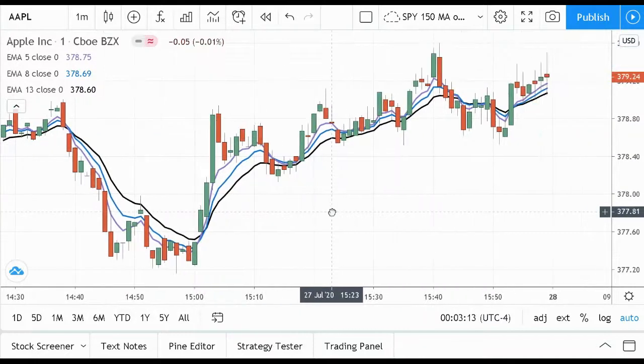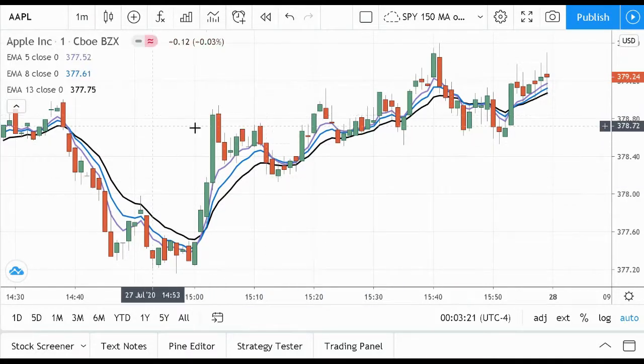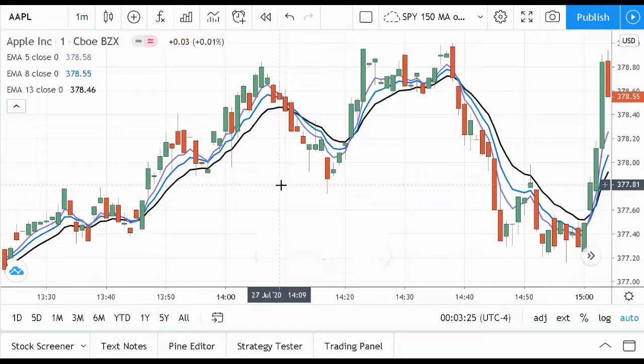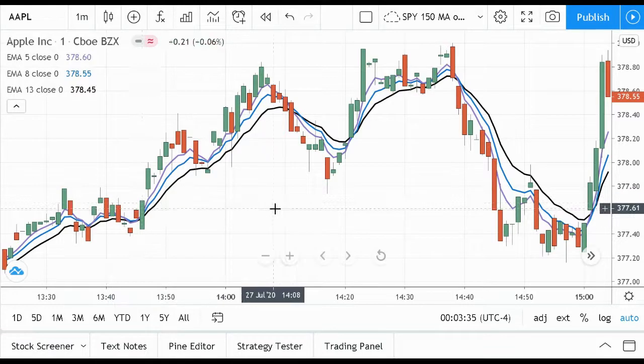Before you take a long position, if you're going to try this particular strategy out, you need 2 things to happen. You need a candle to go above all 3 of the lines, all 3 moving averages, okay?